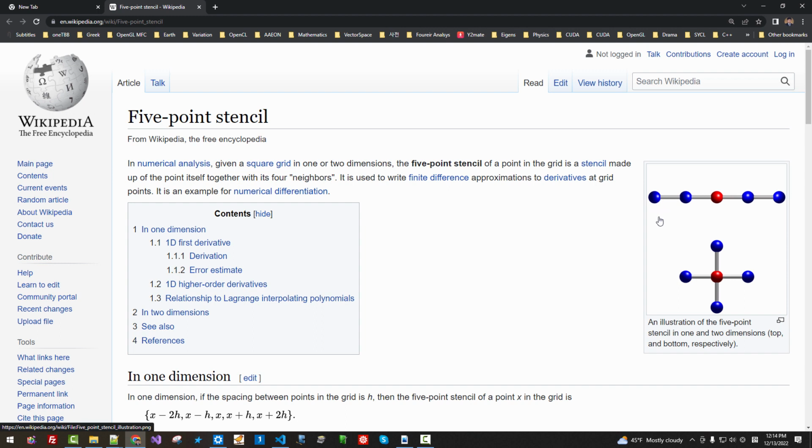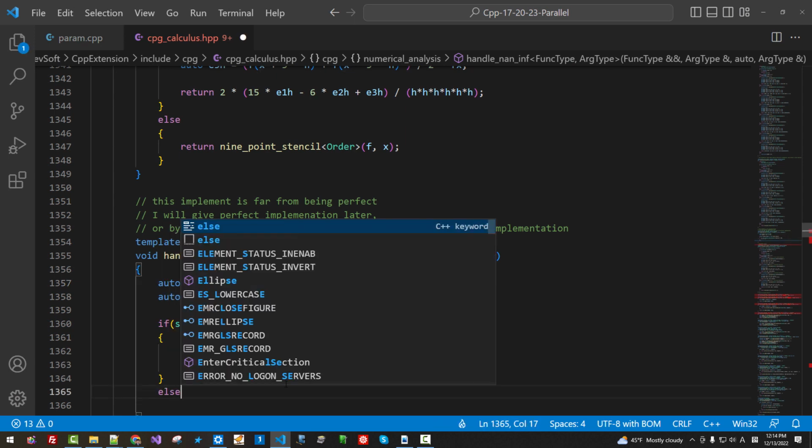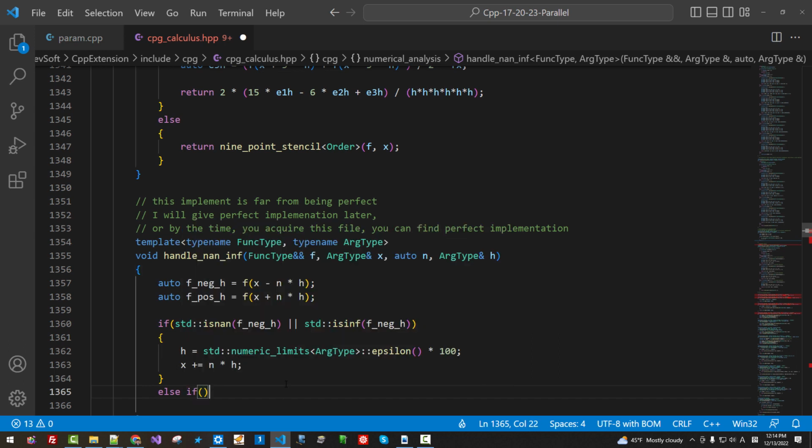So we make h very small and we shift to the right, to make x greater than the singular point. Else, if we copy, paste it here, now it is positive h.